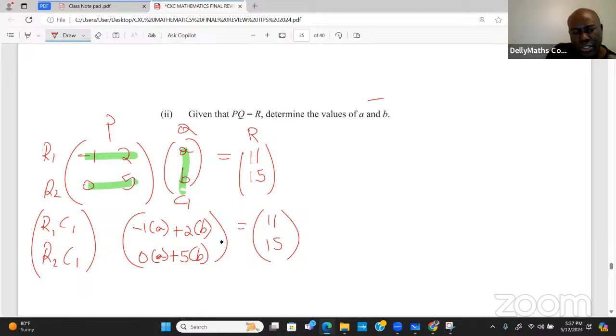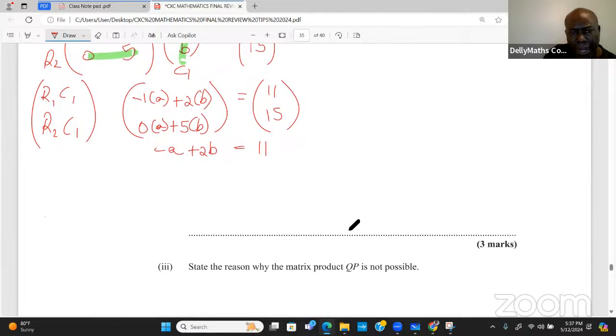So this is -A plus 2B equal to 11, and underneath that we have 0 times A, so 5B equal to 15. Let me write out the matrix properly.